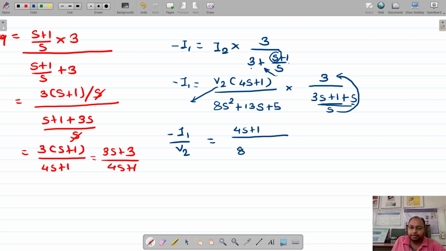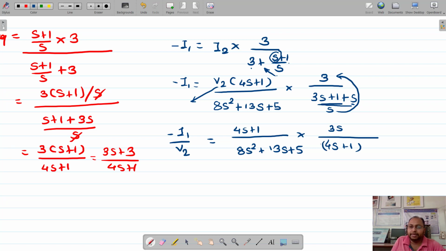divided by 8s square plus 13s plus 5 into 3s, because this denominator s is going to the numerator, divided by 4s plus 1, s plus 1.